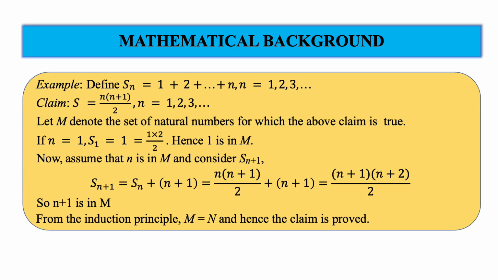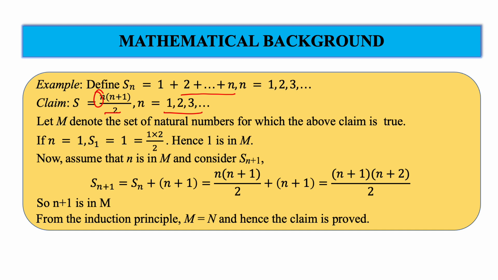So here is an example. Let us define a sequence S_n to be the sum of the first n integers, where n is 1, 2, 3 and onward. You must have seen the result earlier that the sum of the first n positive integers is n(n plus 1)/2, where n goes from 1, 2, 3 and onward.